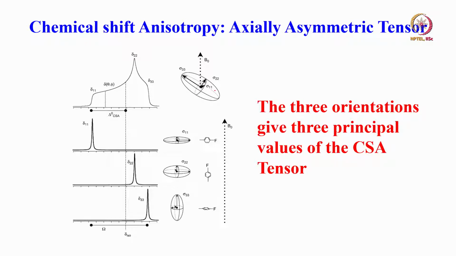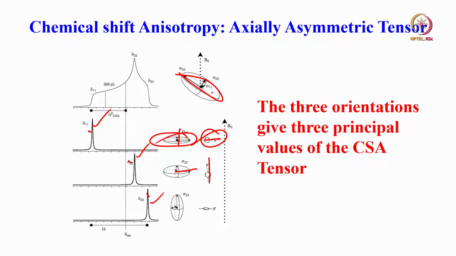Okay. Now, for an axially asymmetric tensor, how does the powder pattern come? Look at another simple molecule which we assume has an axially asymmetric tensor. Symmetry is not there. Depending upon the orientation of sigma 11, sigma 22 and sigma 33, when sigma 11 is oriented like this, sigma 22 like this, sigma 33 like this, then different chemical shifts are there, here, here and here, depending upon the orientation of the ellipsoid with respect to the external magnetic field.